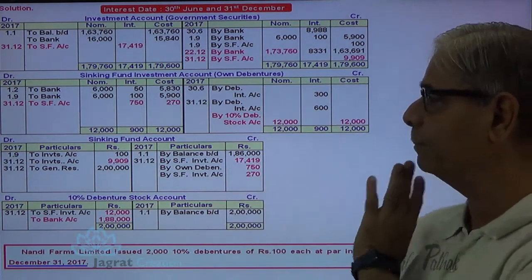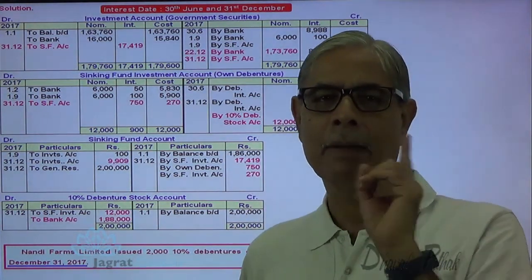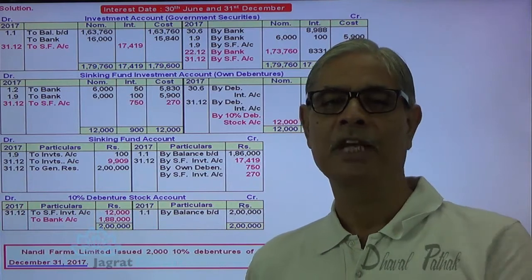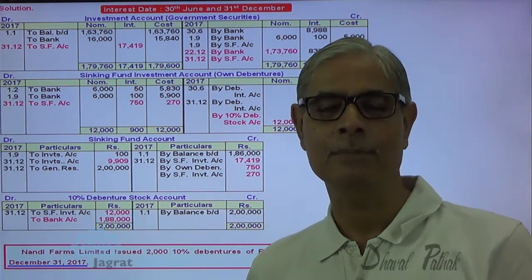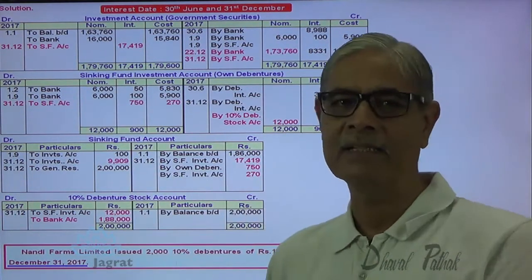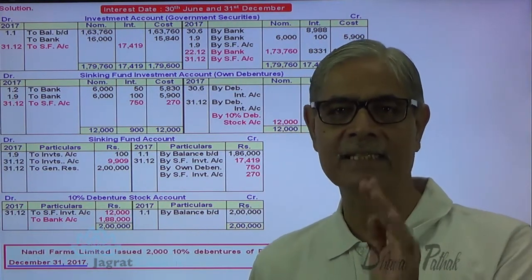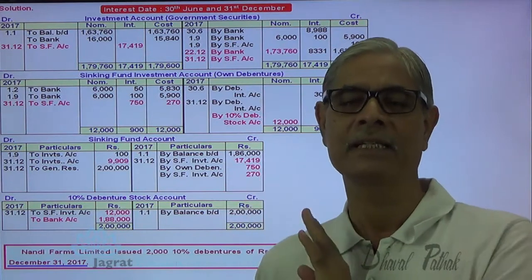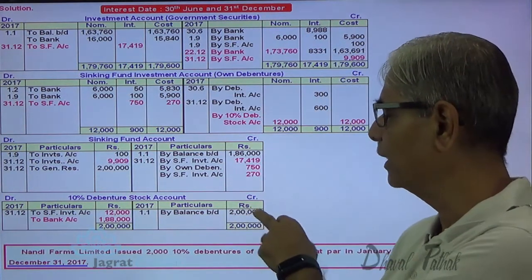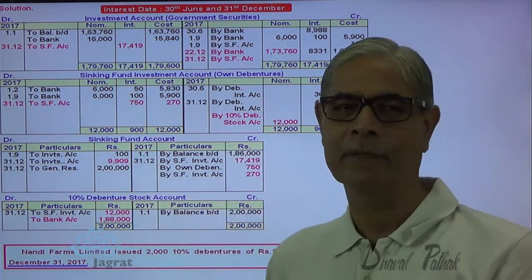Now, if you remember while reading the sum, I told you that every year 16,000 rupees are transferred to sinking fund, but here all the debentures are redeemed. So you should transfer to sinking fund account the amount necessary for the purpose of closing this sinking fund account. Because to the extent the debentures are redeemed, you have already transferred 2 lakhs to general reserve.